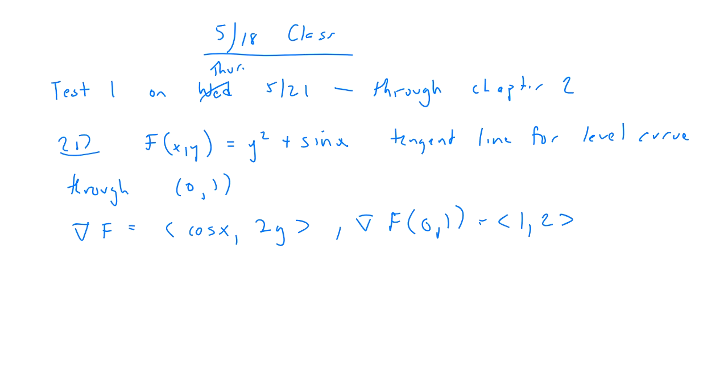In this case, unlike the quiz, you don't have to put in 0, 1. I'll remind you in a second. And that is all the information we need. What is the tangent line we get?